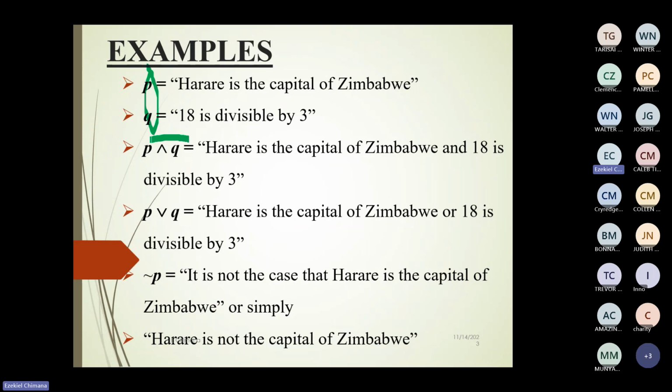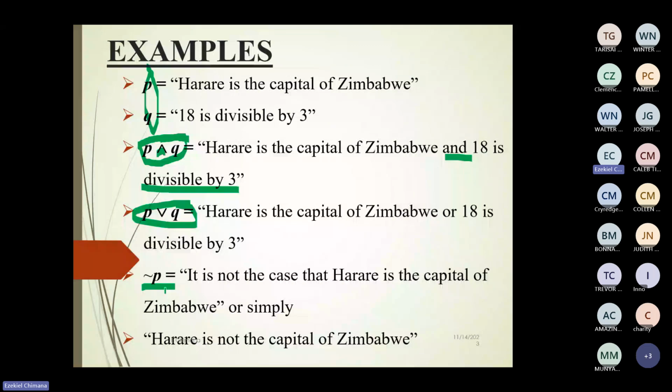If we say P and Q, the conjunction, we are saying Harare is the capital city of Zimbabwe and 18 is divisible by 3. If it is an OR, or a disjunction, we are saying P or Q: Harare is the capital city of Zimbabwe, or 18 is divisible by 3.